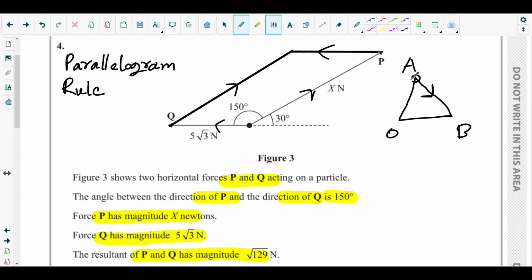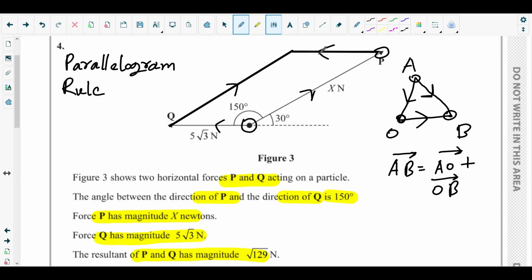So it should be AO and then OB, tail to head. That means the AB vector would be AO plus OB, in order to be tail to head.